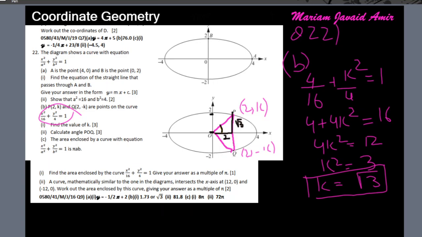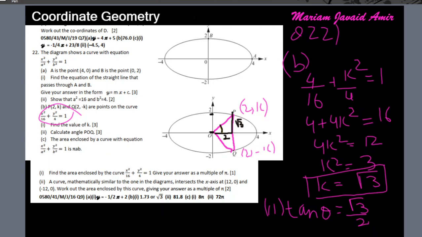So I'll use tan theta for B2. I'll use tan theta equals perpendicular over base. This will give me tan inverse of under root 3 over 2, which gives me 40.89.